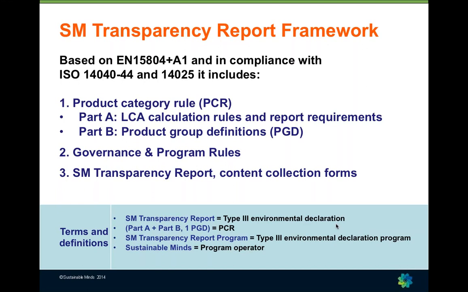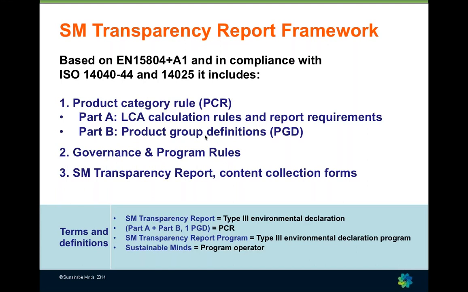So our program is based on EN 15804 and the ISO standards for LCA, and our program documents include a Part A, which includes all the LCA calculation rules and report requirements for any product category for every LCA that gets done. It never gets rewritten when a new PCR gets created.